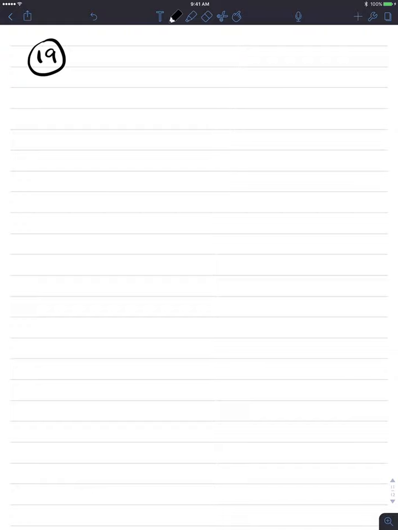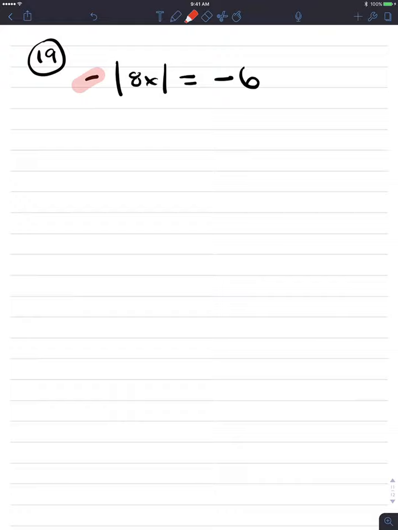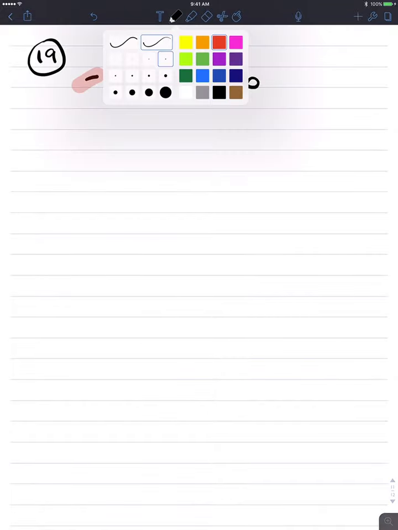Number 19, we have negative absolute value 8x is negative 6. Now let's not be so quick to conclude that there's no solution. Even though we have the absolute value equal to a negative, there's a negative in front or outside of that absolute value sign.